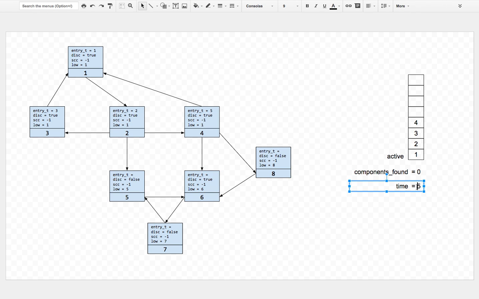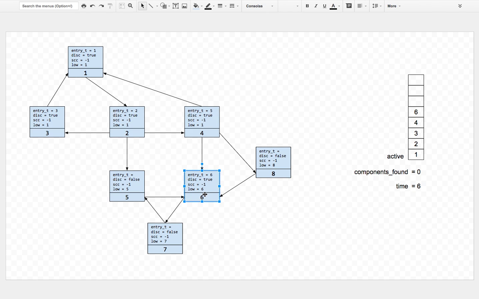We increment the time marker to 6, and we note that the time at which we entered this vertex was 6. Then we process this vertex early. To do so, we place it on the stack. And then we proceed to process the edges coming out of this vertex.